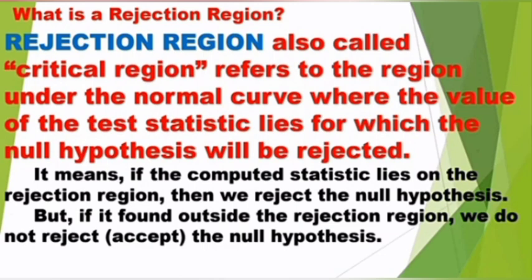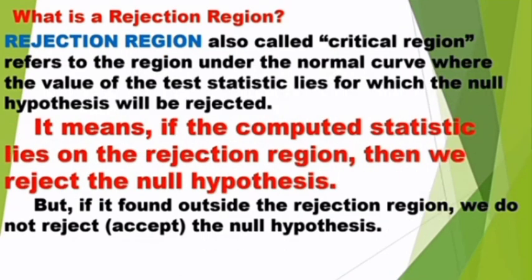Rejection region, also called critical region, refers to the region under the normal curve where the value of the test statistic lies for which the null hypothesis will be rejected. It means if the computed statistic lies in the rejection region, then we reject the null hypothesis.